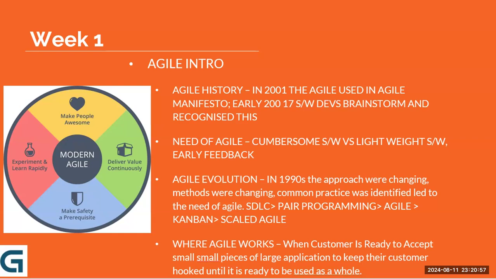Rewatch this part of the video if you want to, revise, and just be open, because these topics are new. Though we use them in everyday life, not everyone knows that, okay, this is the agile way, this is the way we implement in a professional setup also. So I'll request you to go with the flow and have your mind open to new ideas and new concepts, and you will have a lot of fun.